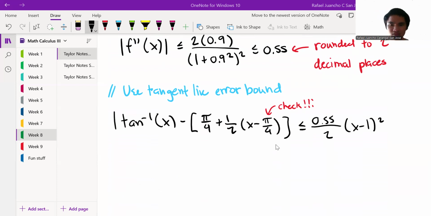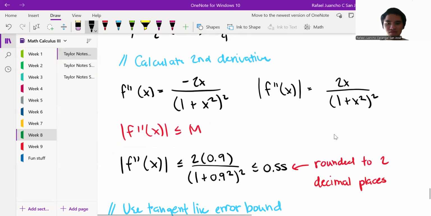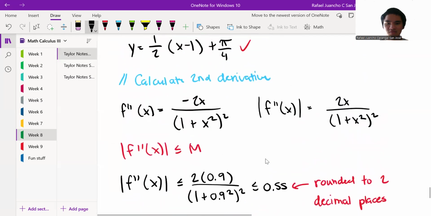Also, how did I get that number? What in the world? Actually, I don't know how to solve for that, because it doesn't really plug in anything.